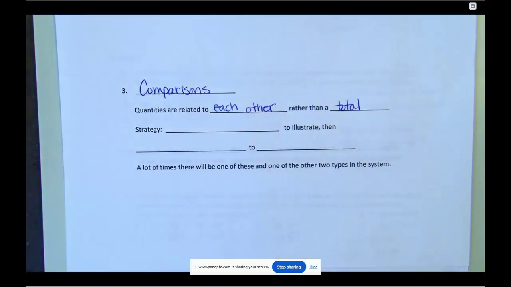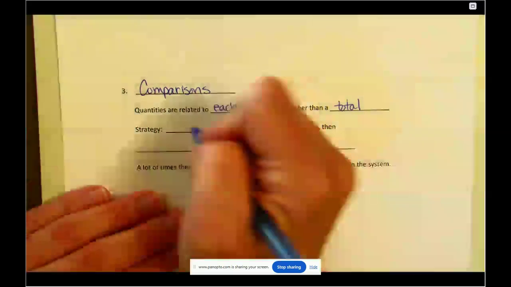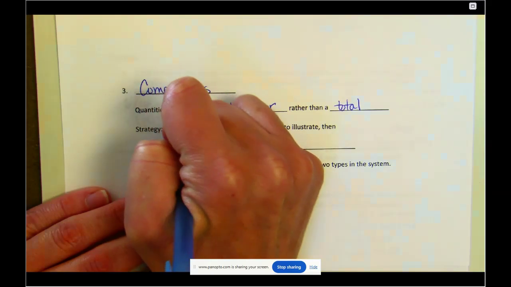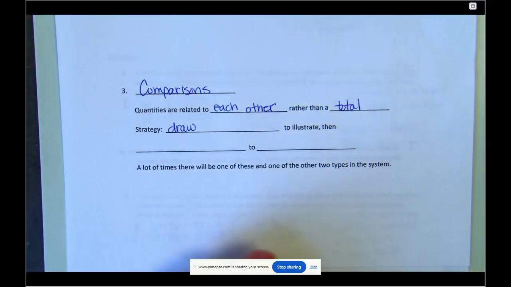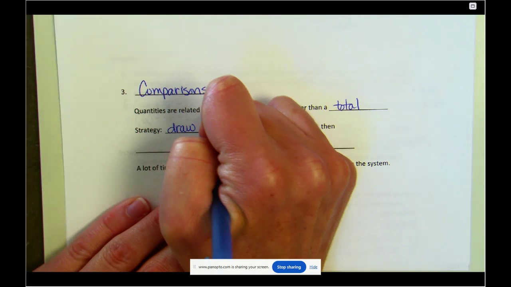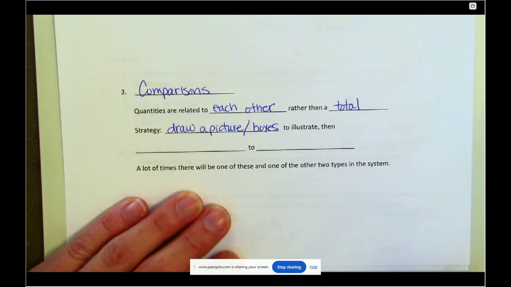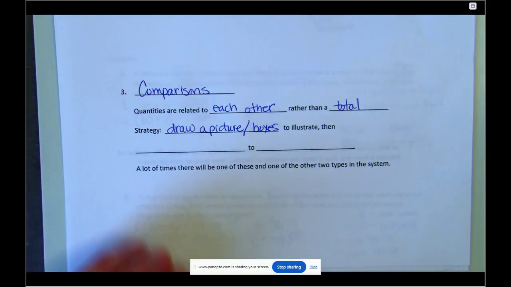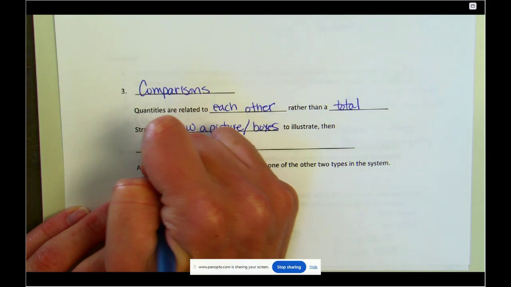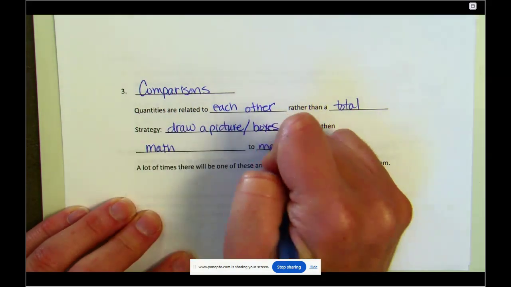Okay, so the difference here is when we're talking about comparisons, there's not very often going to be a total, or not two totals. So your strategy for this is to draw a picture, or boxes, and I'll show you what I mean by that, to illustrate, and then you're going to do math to make the bars equal.